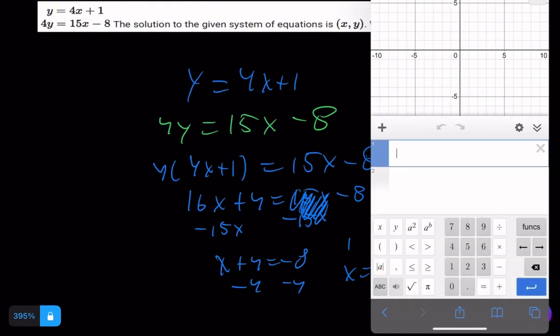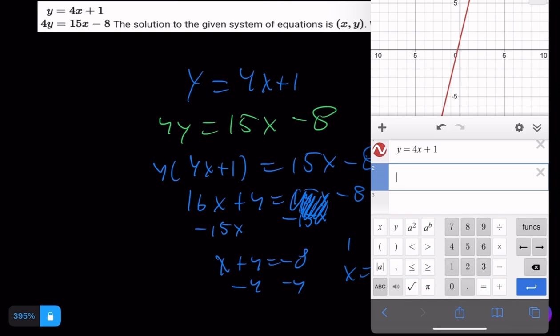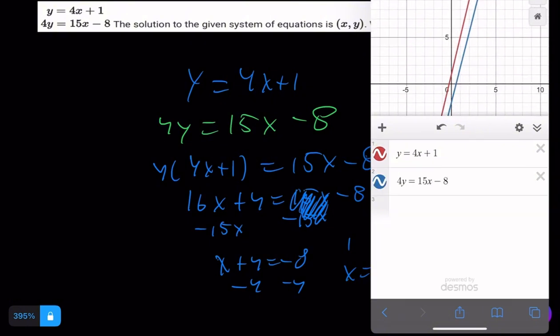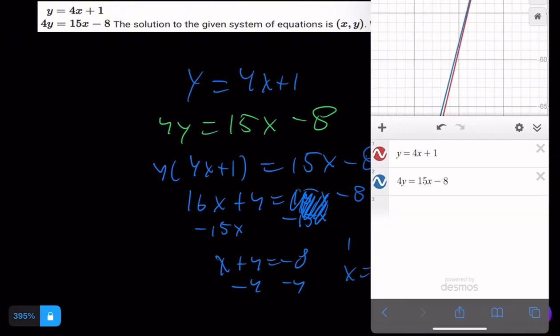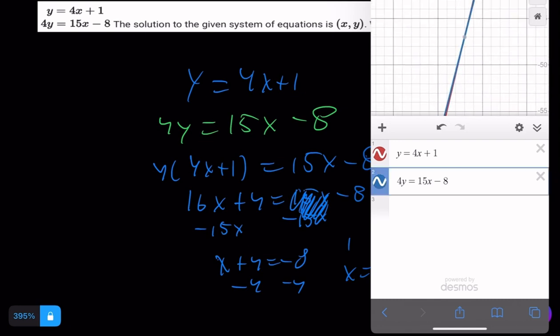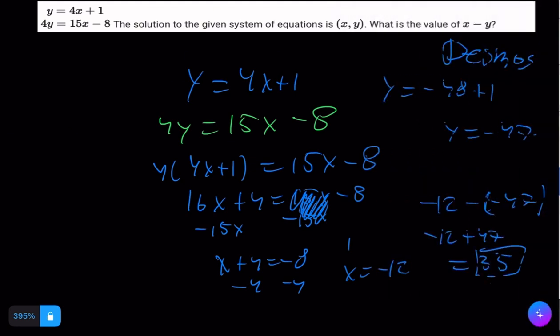So y equals 4x plus 1, and then 4y equals 15x minus 8. These two are going to intersect at exactly 1 point, which will be roughly negative 12, negative 47, and negative 12 minus negative 47 gives me 35, so 35 is my answer. This is the last question for today.